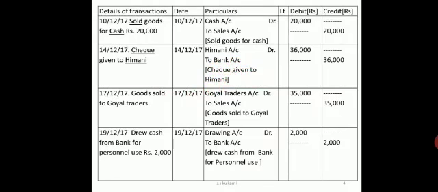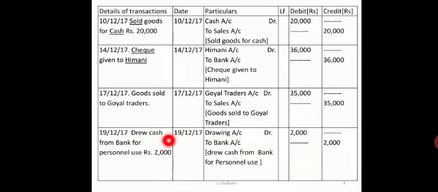Now on 17th. So on 17 you are having goods sold to Goyal traders. So when goods are sold to Goyal traders, we are having two accounts. One is sales, other one is Goyal traders. So when goods are sold to Goyal traders for 35,000, so Goyal traders account is debited because it is increasing the asset, and sales are credited because there is increase in income. So 35,000 and 35,000.